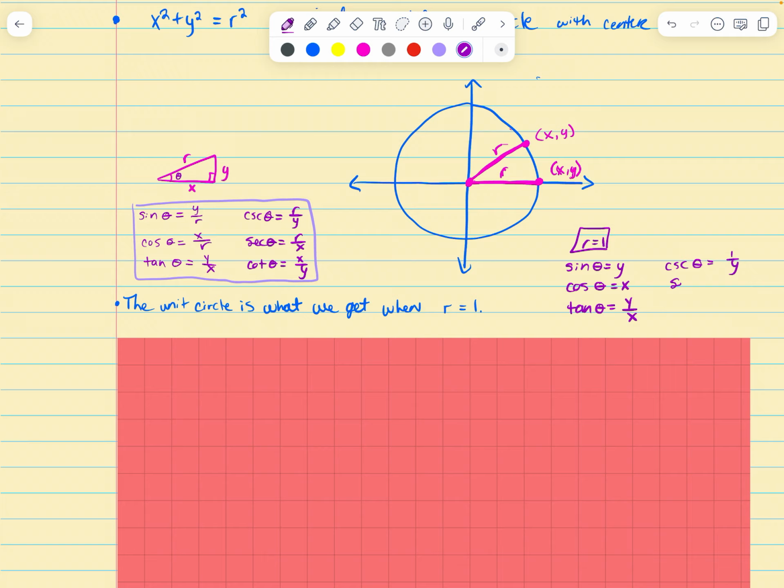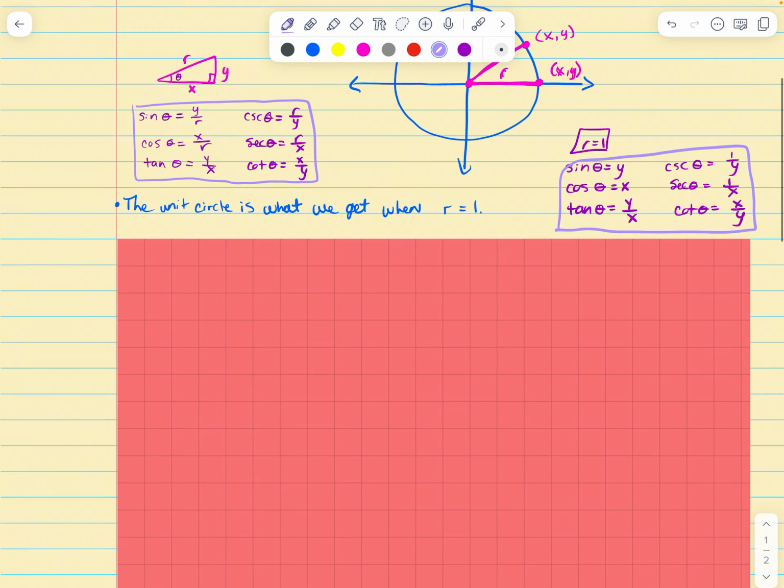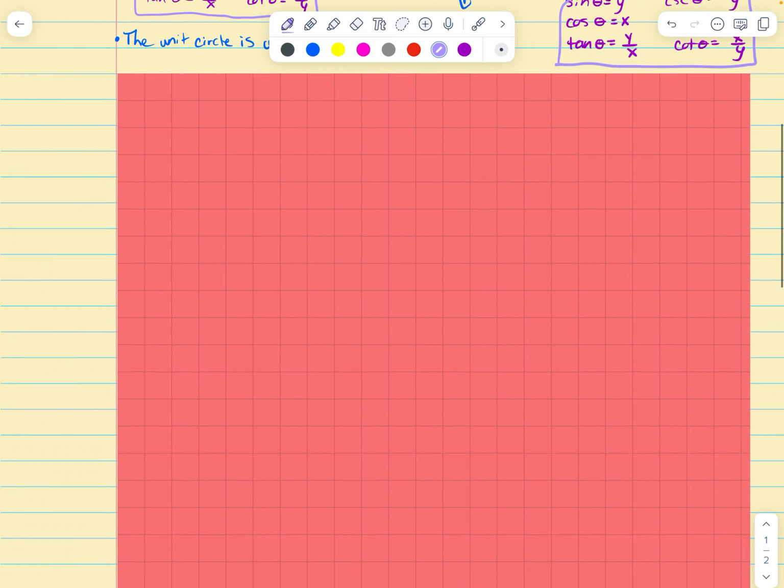And then secant theta is 1 over x, and finally cotangent theta is x over y. So this right here is what we take into talking about the unit circle.